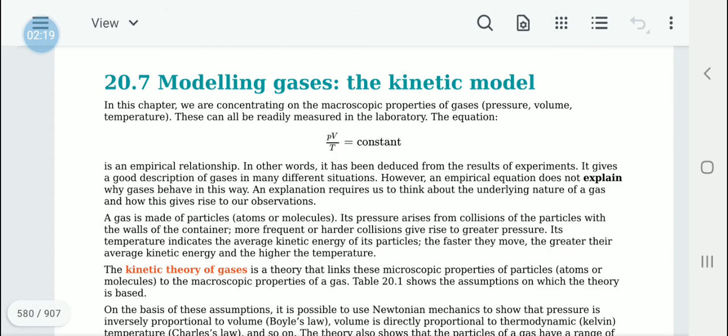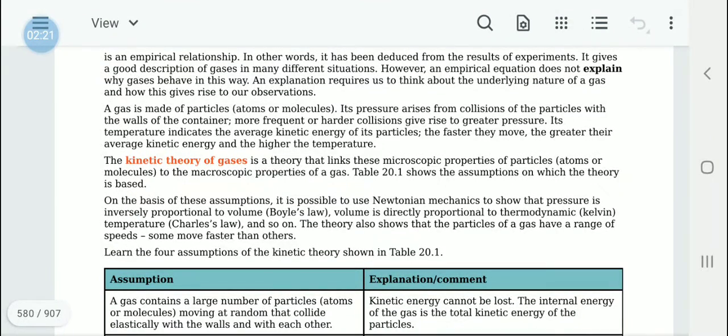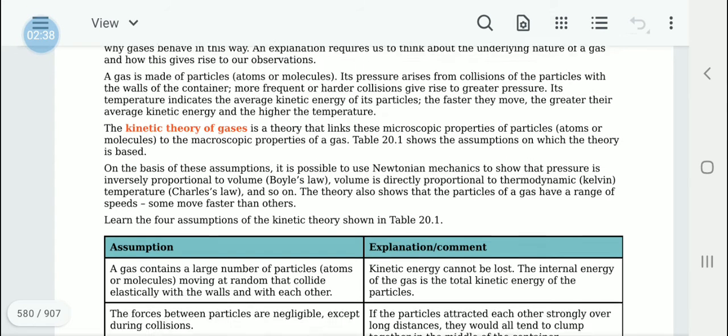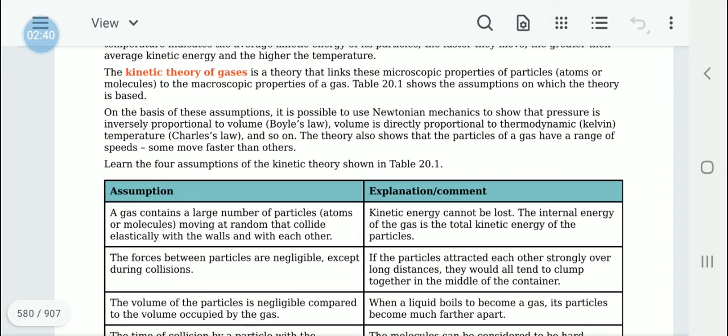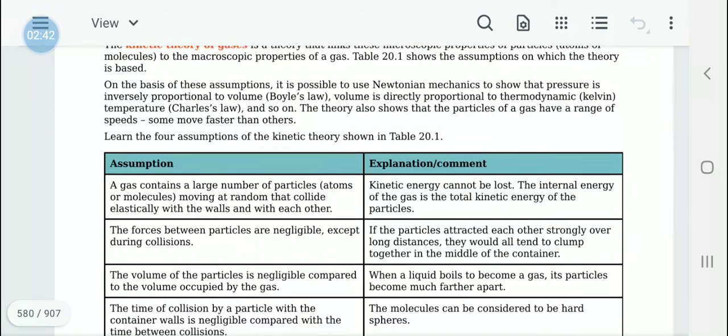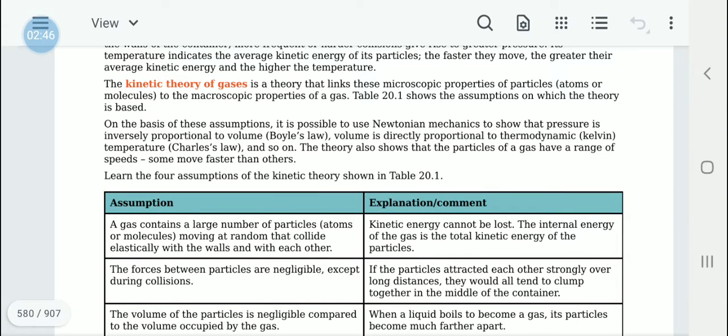Then the kinetic theory of gases deals with these microscopic properties of particles and connects them to the macroscopic. It shows the relationship and tells us why gases behave the way they behave, right? So this table will explain the assumptions that we have taken to develop this kinetic theory of gases.